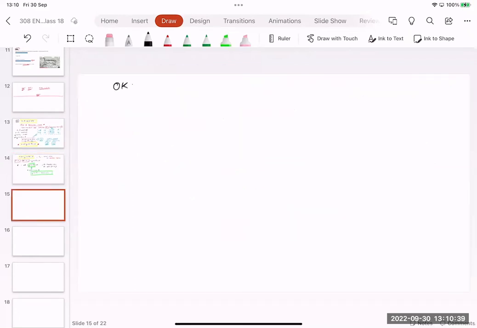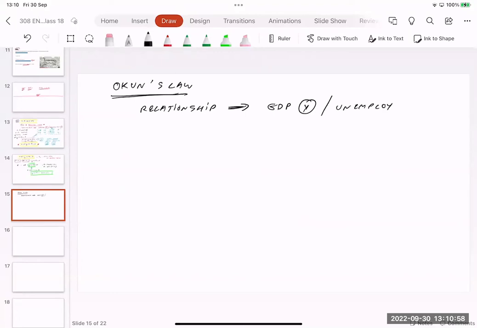Let me write down here, Okun's law. Okun's law is the concept to show the relationship between GDP, or Y, and unemployment, U. So the equation of Okun's law: 1 over alpha, Y minus Y bar, equal to minus beta, u minus un.